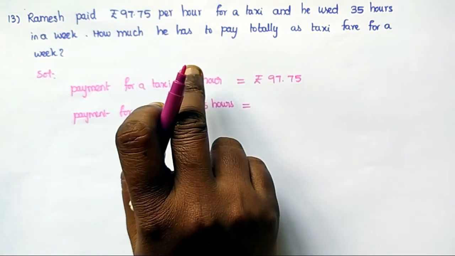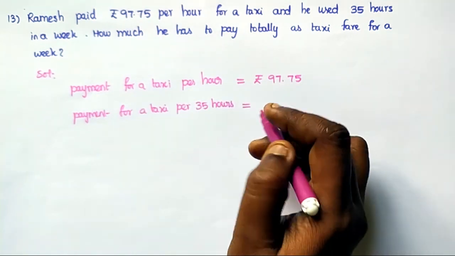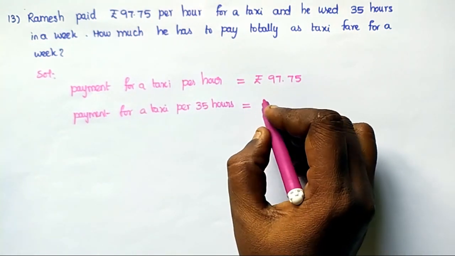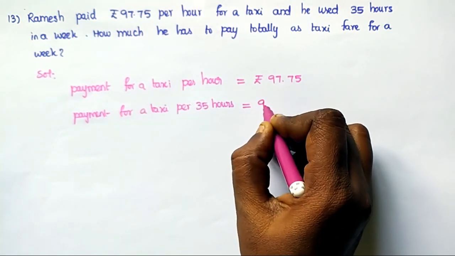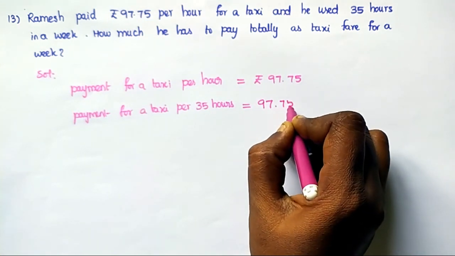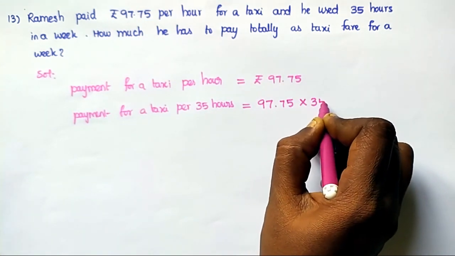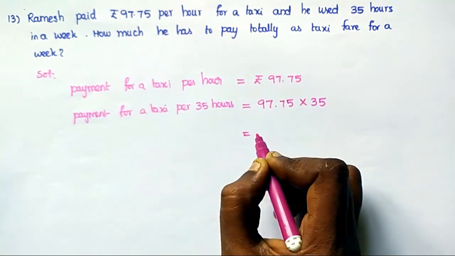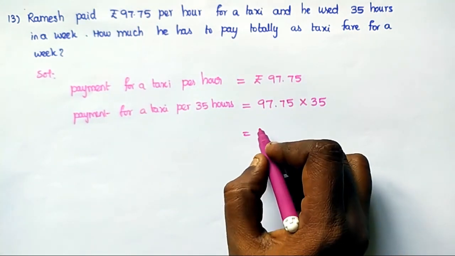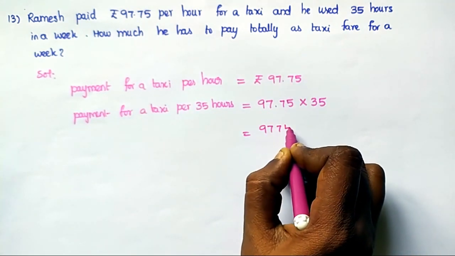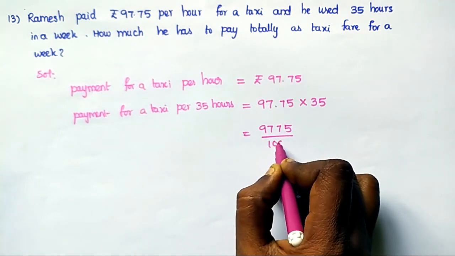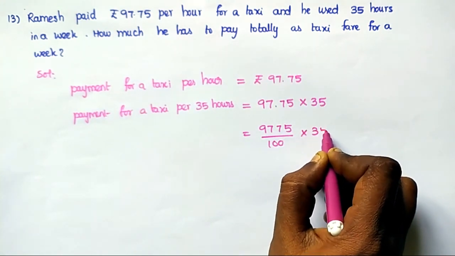Per week he used 35 hours. So we have to find out per 35 hours means 97.75 into 35. Write down in fraction form. 9775 divided by 100 into 35.